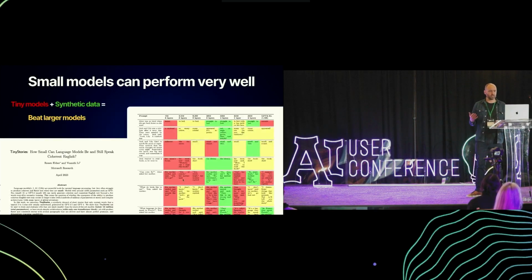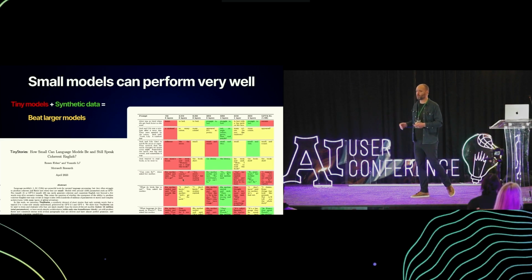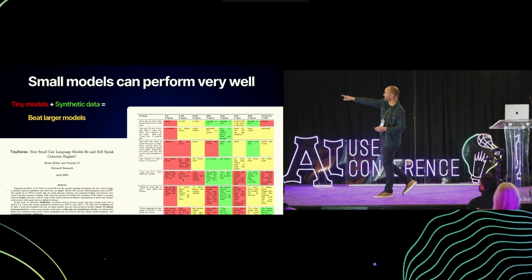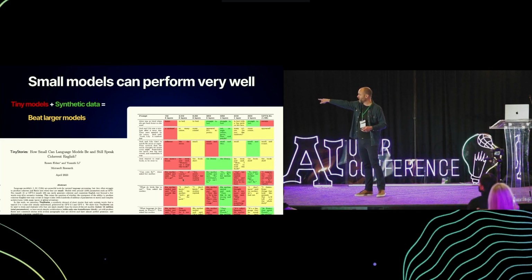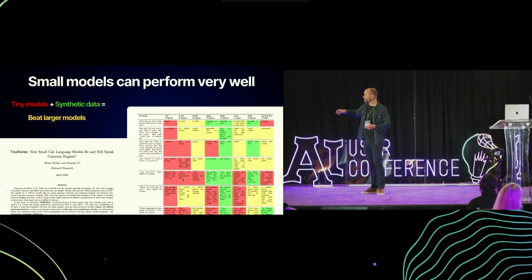Another example is the TinyStories paper that came out in April last year. This is a more extreme use case because the models are even smaller. If you look at the model sizes in the header row there, it is counted in millions of parameters, so very small, and the reference model is the 1.5 billion parameter GPT-2 model.